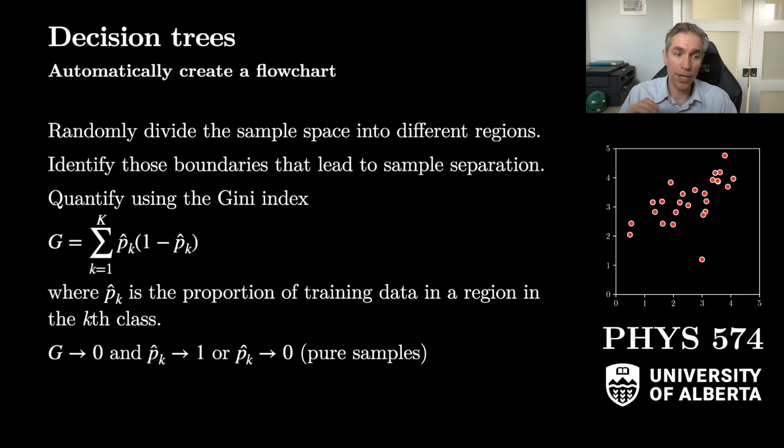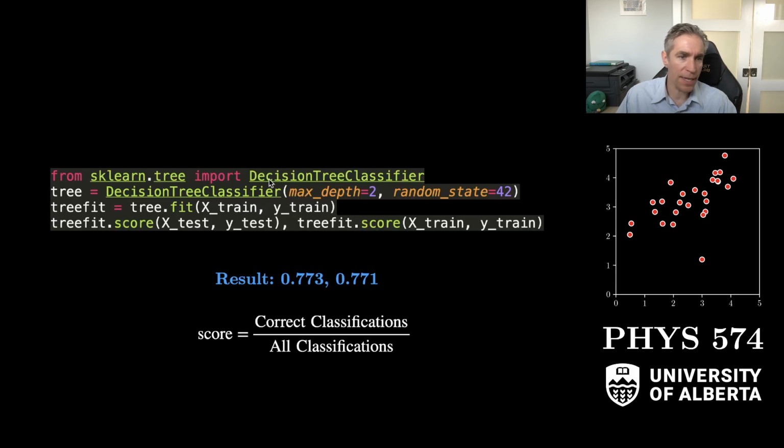So this Gini coefficient is going to become 0, because it's either 0 or 1, and then this term is going to be 0 if the inputs are 0 or 1. So we want that Gini coefficient to be small, giving good, pure samples without much contamination from the other population.